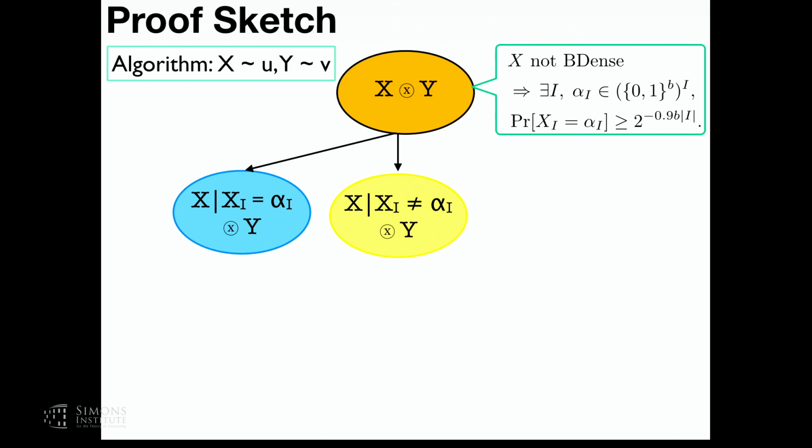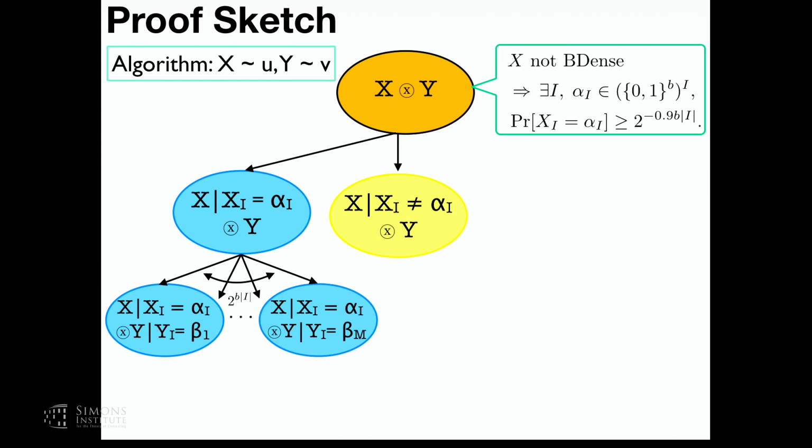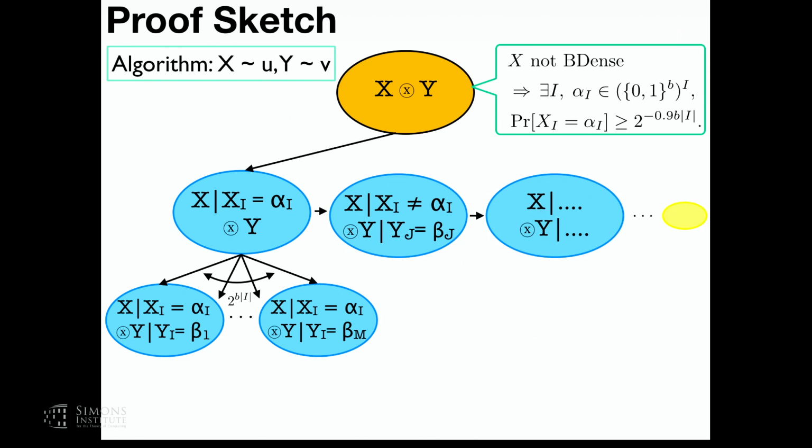We fix some coordinates in x, but not in y. So how do we fix that? I'm going to be really greedy again and consider all possible conditionings of y on the coordinates I fixed in x. I just look at all possible conditionings of y_I, so I get 2^(b|I|) many branches. All right, and then I iterate. Are each of these pieces blockwise dense? Yes, maybe no. I split again and keep going.